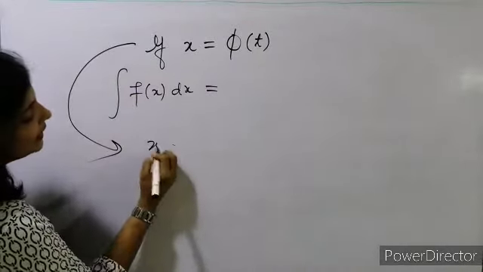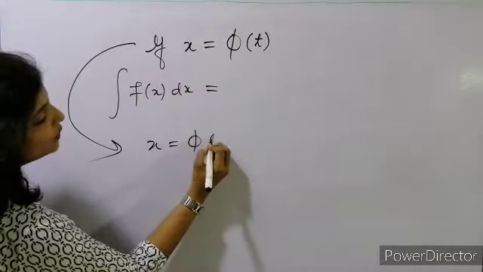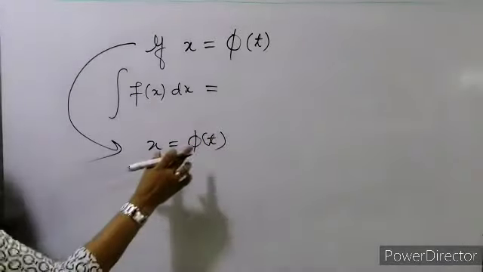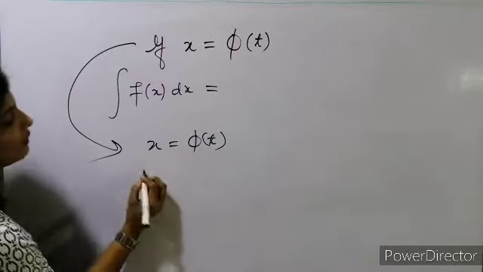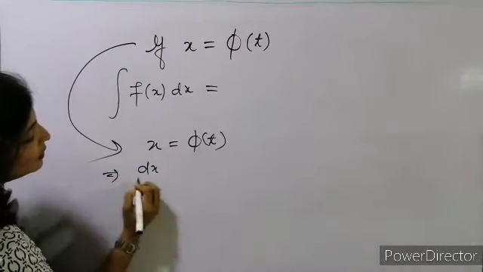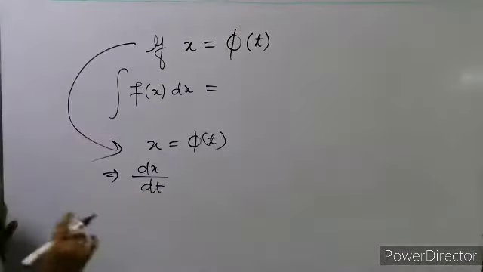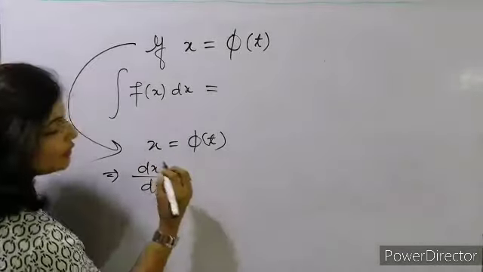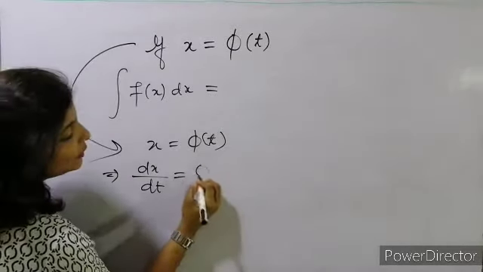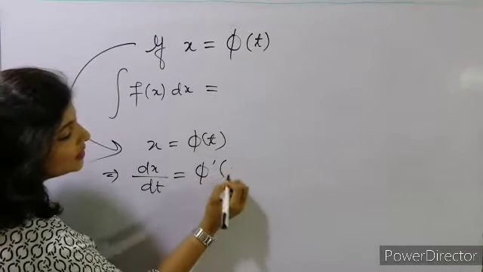Now we can find the value of dx upon dt, that is, we can differentiate x with respect to t. So what value do we get? We get phi dash t.